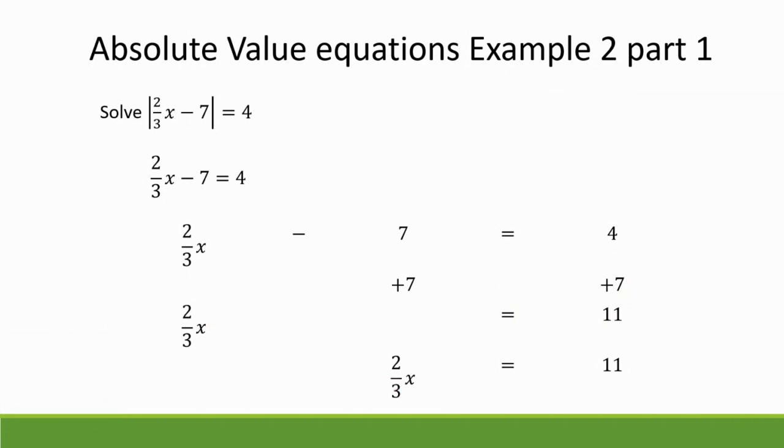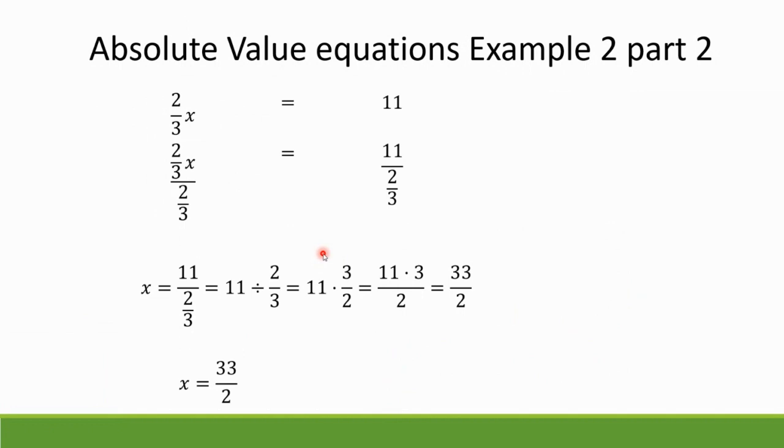Now, I know this is a fraction here, but that's okay. We still proceed in the same way. Namely, we divide both sides by 2/3 because we want x. And when you divide, these numbers cancel. So x is all alone.